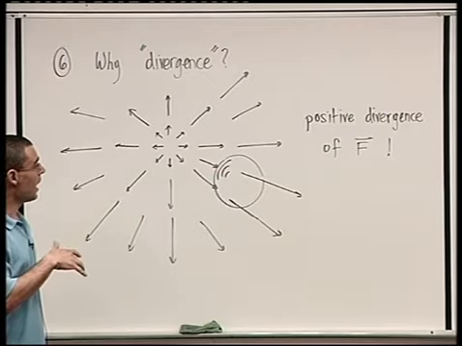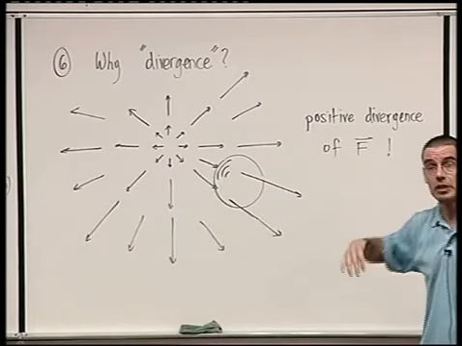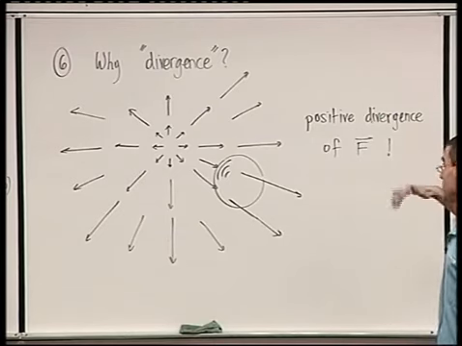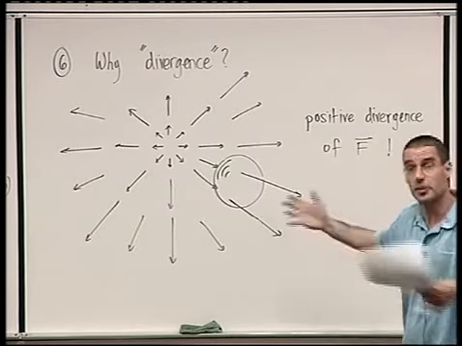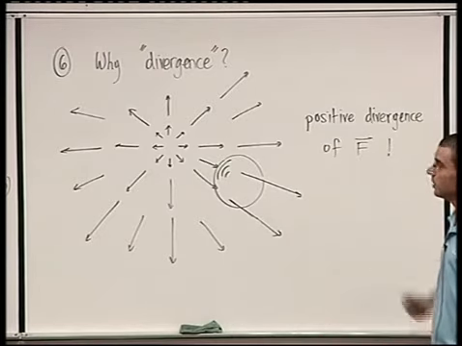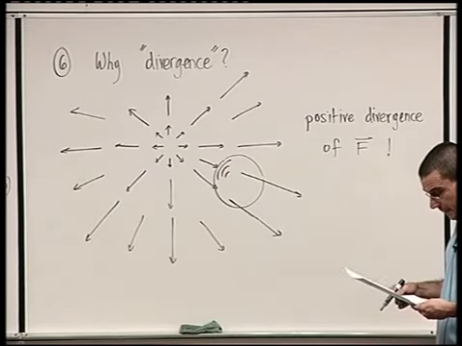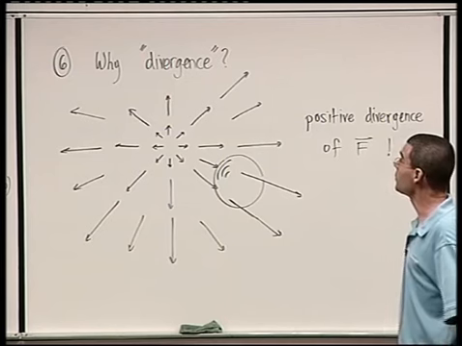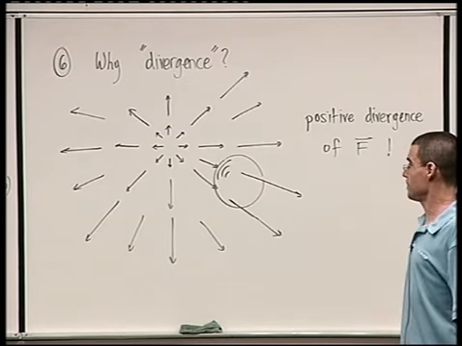A field that represents the flow of water is called incompressible, and it has zero divergence, as opposed to gas, for example, which is compressible or expandable, and therefore has positive or negative divergence, depending on which direction you look at. That's the reason for the word divergence. That's what it measures.